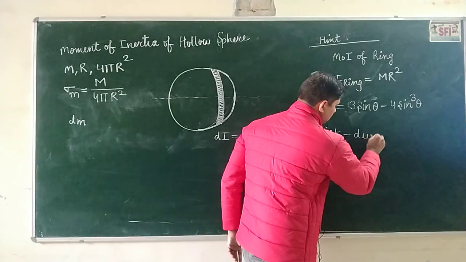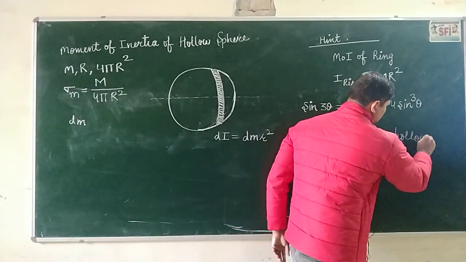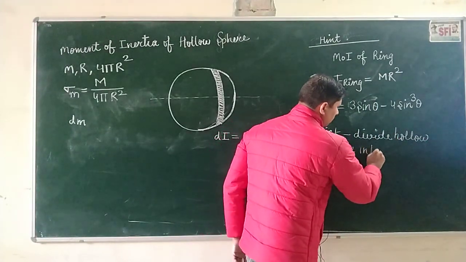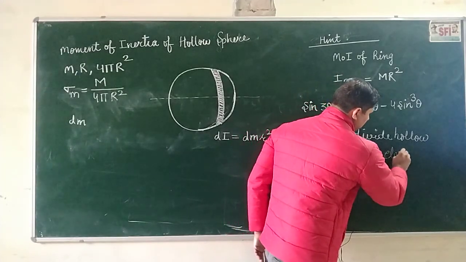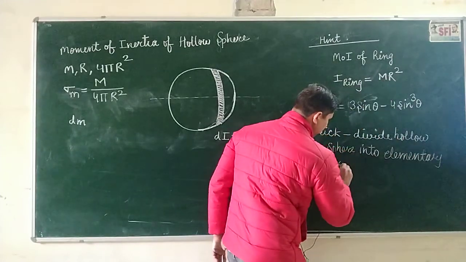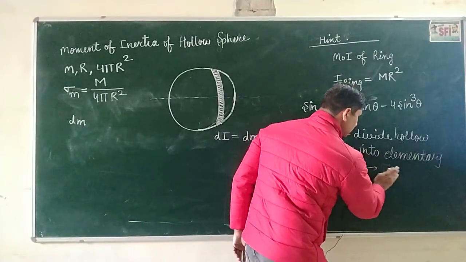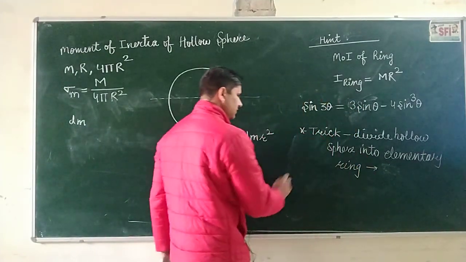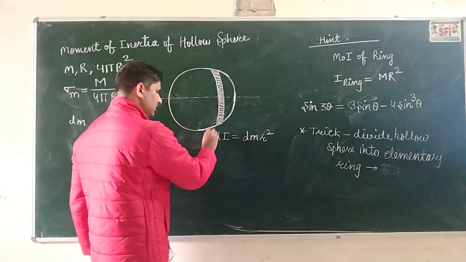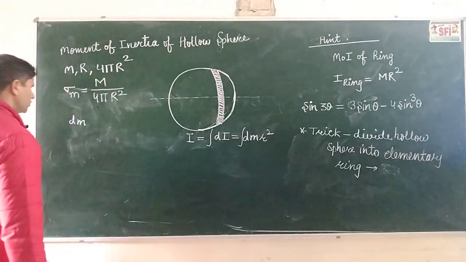We will divide the hollow sphere into elementary rings, and then we will find the moment of inertia of this elementary ring, that will be dI, and then we will integrate it to obtain the total moment of inertia of the hollow sphere.